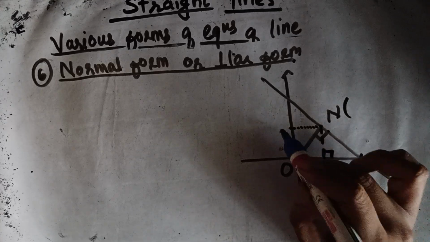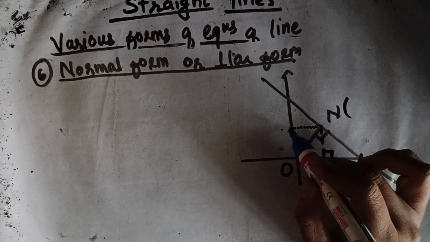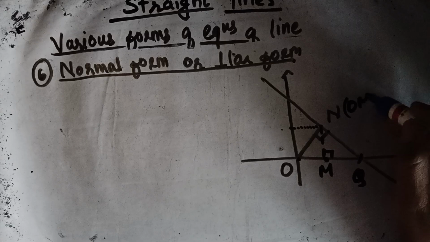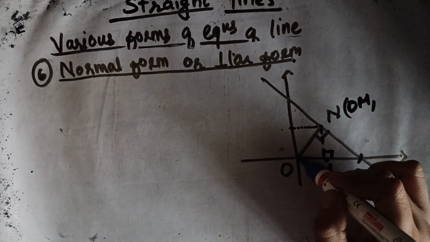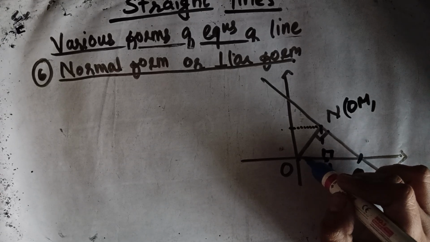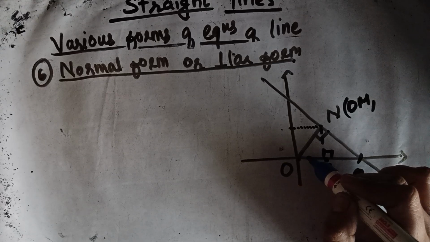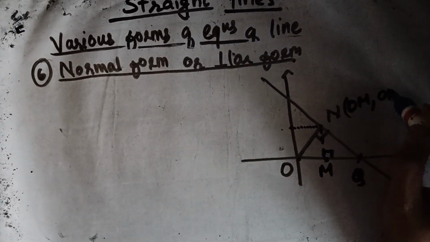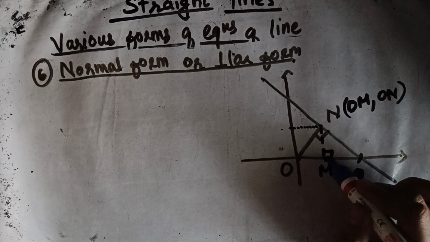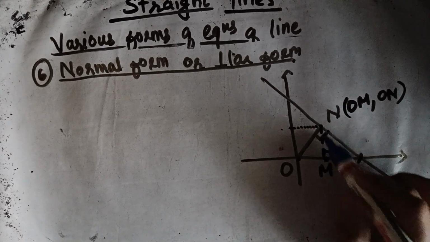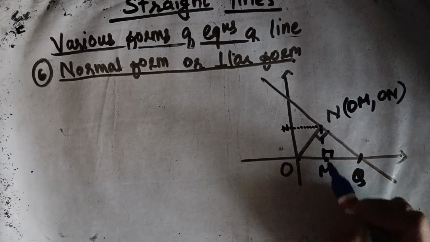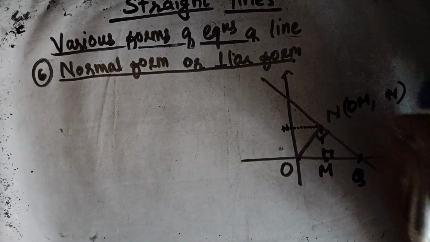So this point I'm taking as N. The x coordinate is OM, that is this distance, and the y coordinate is MN. This is ON, but ON is the same as MN, so I will take it as MN.